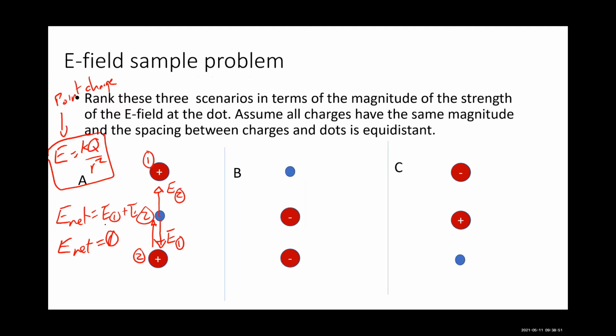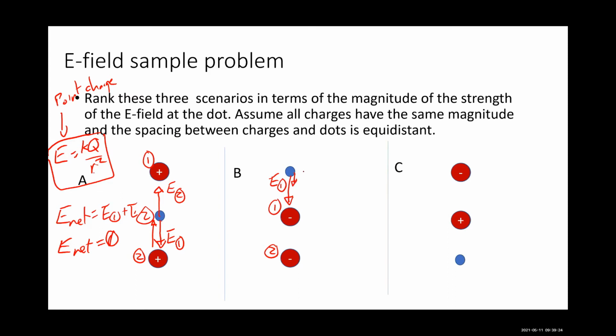What happens with B? With B, notice I'm going to call this 1, and I'm going to call this 2. From source charge 1, I get an electric field that would go down. And then from source charge 2, I also get a field vector pointing down towards it. But notice it's further away. And since it's further away, and I'm squaring the distance per this equation, it's going to be a smaller vector. It's going to be like 1/4 the size of E1.